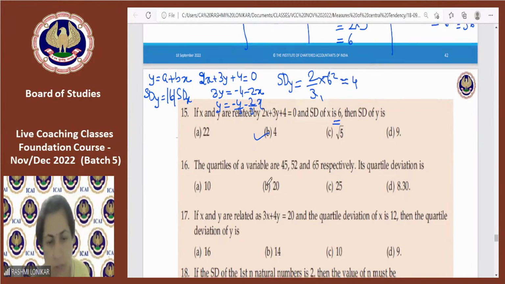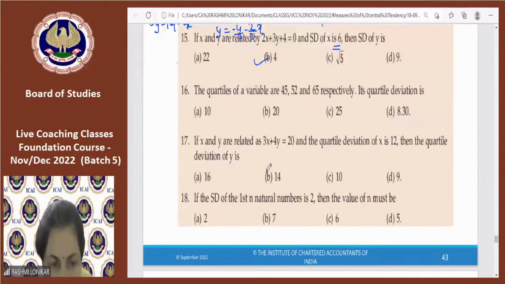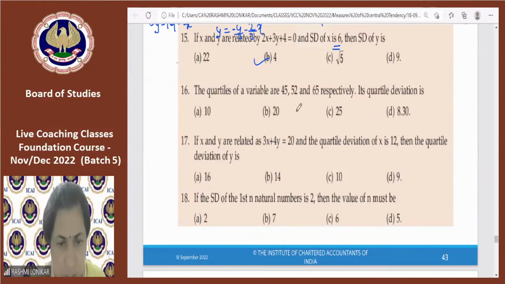The quartiles of the variables are 45, 52 and 65. Its quartile deviation is? You know that in quartiles you have 3 quartiles, Q1, Q2 and Q3. So quartile deviation is Q3 minus Q1 upon 2.